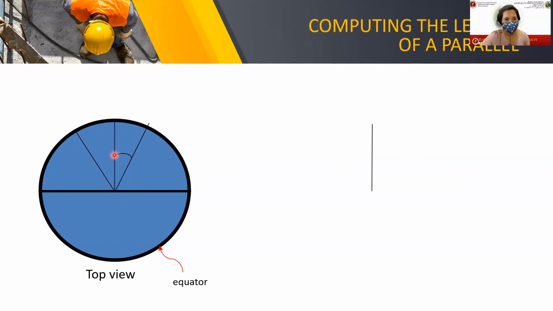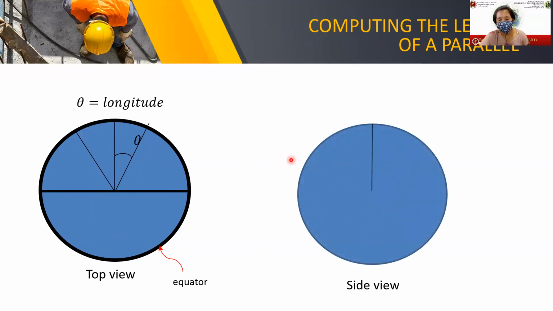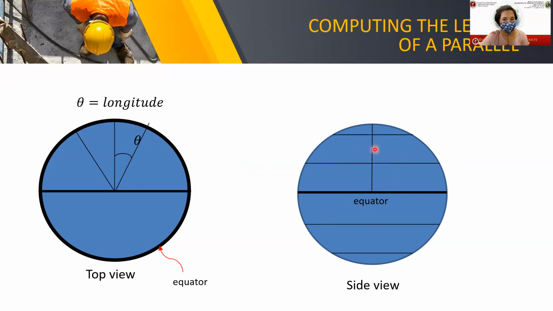This angle here, or all around this area with respect to a reference meridian, this theta here is called the longitude pag naka-top view tayo. Pag naka-side view naman, makikita natin this portion here now becomes the equator since naka-side view siya. If this is the equator, and if we draw an angle from here to here, this is now the latitude.